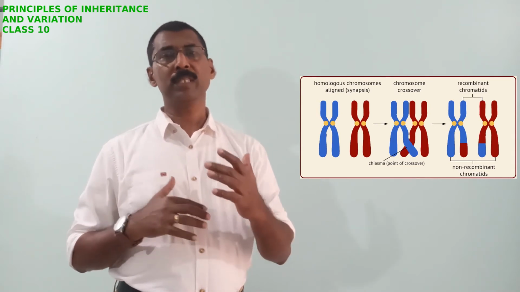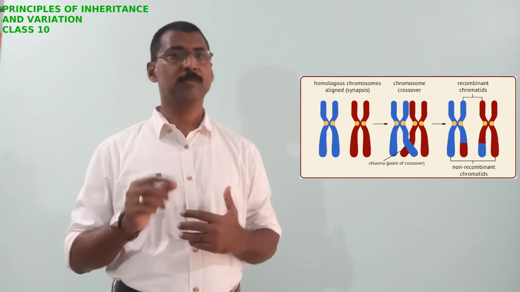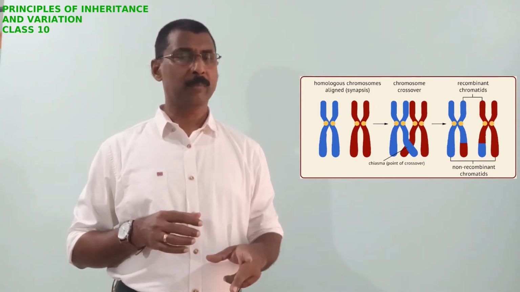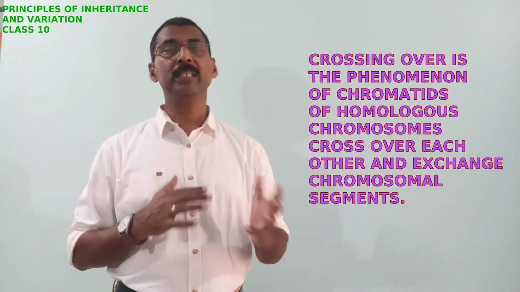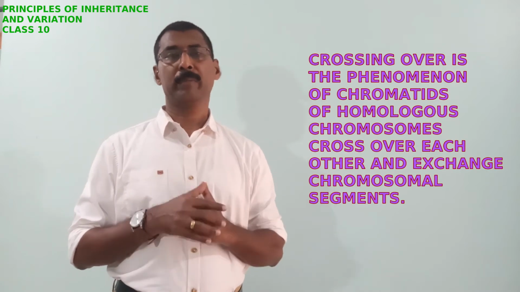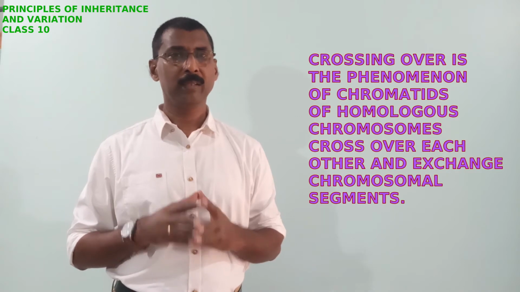After they cross each other at the chiasma, the chromatids are broken at the chiasma and rejoin to exchange segments of non-sister chromatids. This you had already studied.